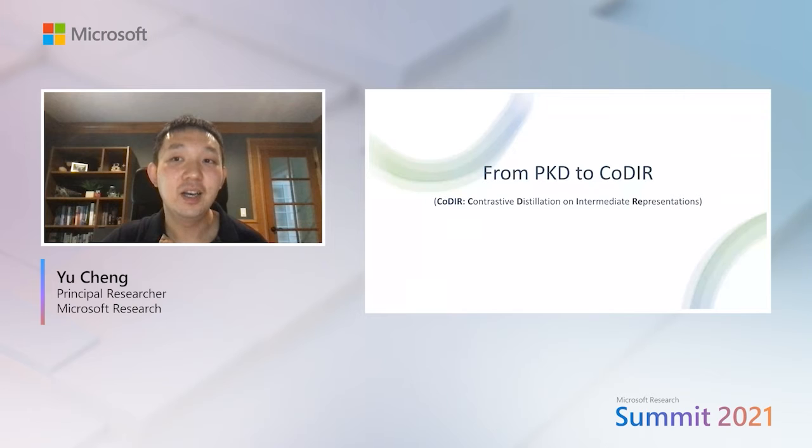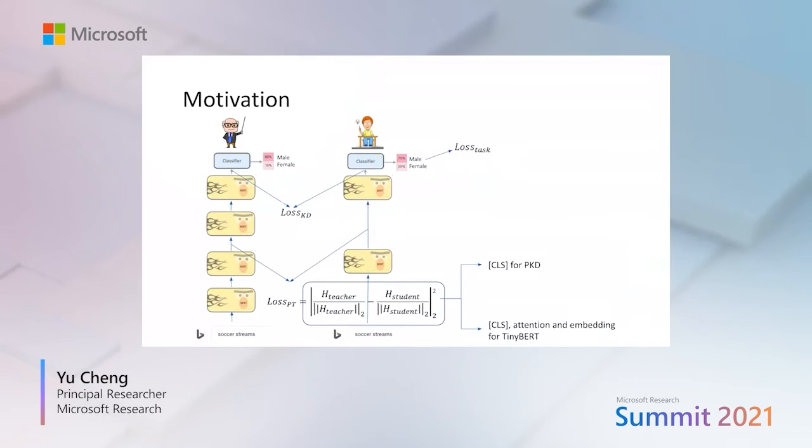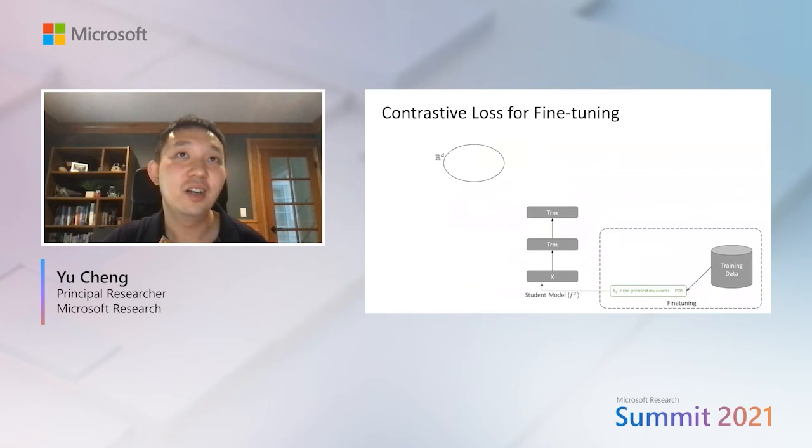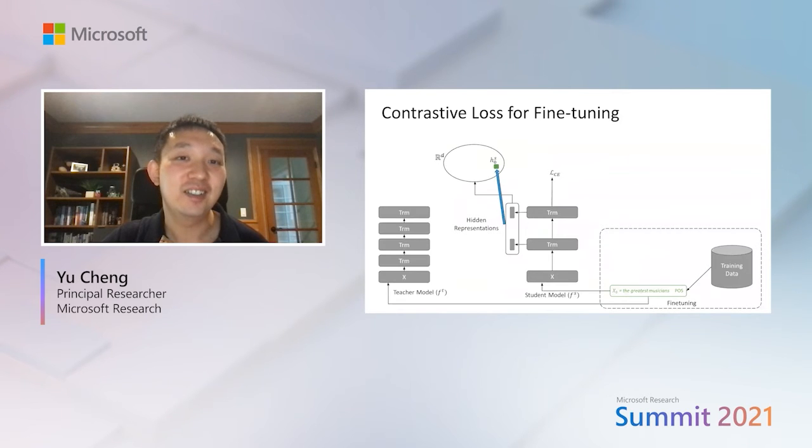After PKD, we move to another topic, a follow-up work for PKD called CoDIR, contrastive distillation on intermediate representations. The difference between PKD and CoDIR is how you measure the intermediate loss. In PKD we use the L2 norm to measure the intermediate representations between the teacher and student models. But actually, L2 is not a good measure for hidden states.